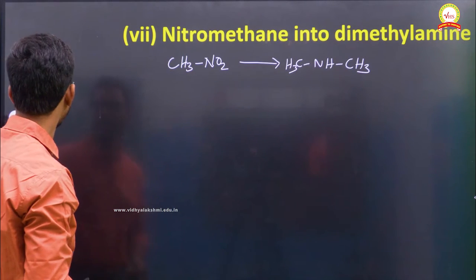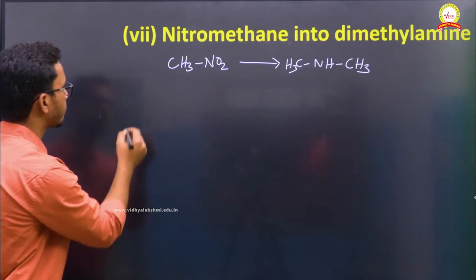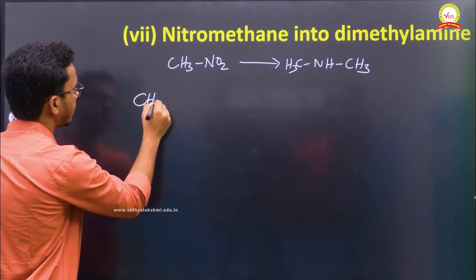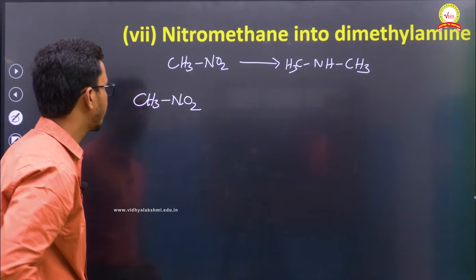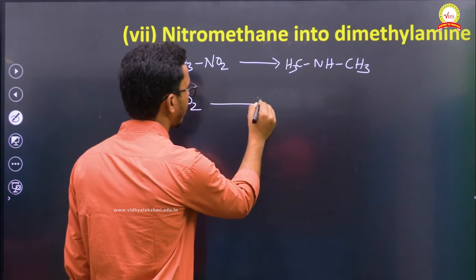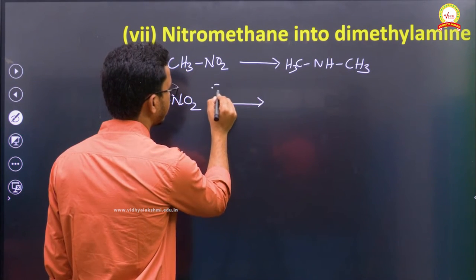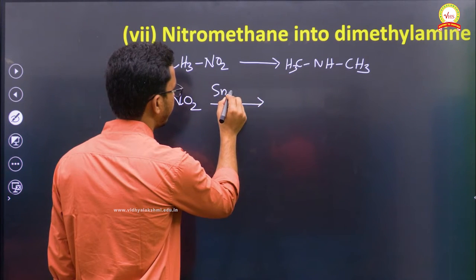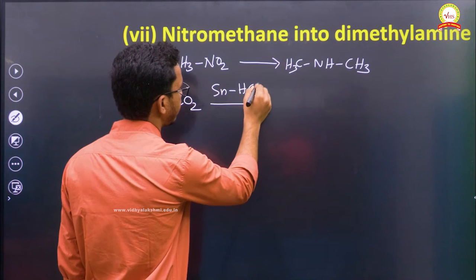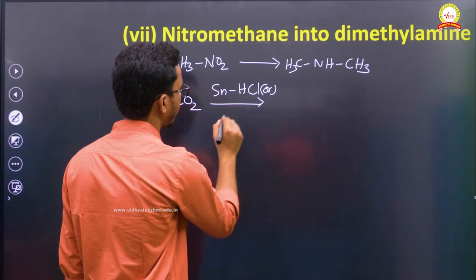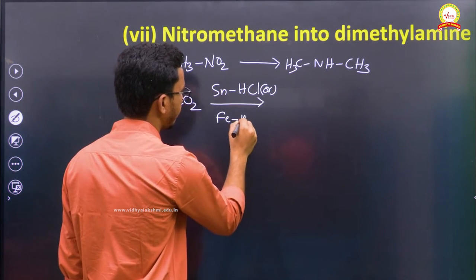Let us take the reactant now. What is the reactant we have? That is CH3NO2. Since it is amine, let us convert this one into amines. How can we convert this one? We can convert this one with metal proton reduction, that is Sn/HCl, tin HCl, or we can also go with Fe/HCl.